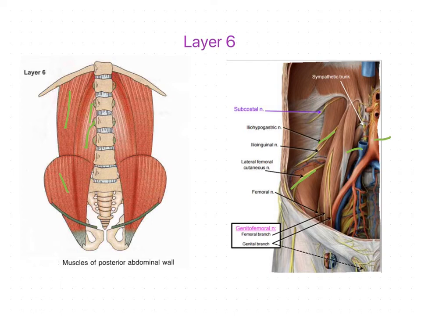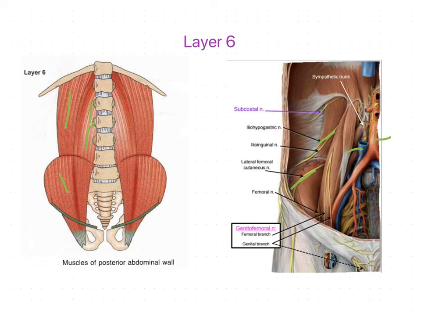Now if you know these layers, you can easily relate the structures. If you take the stomach, you can easily understand how the other organs are related to it. The stomach is present in the second layer and the intestines are present in the third layer, so you are able to understand and correlate how the stomach and intestines are related.